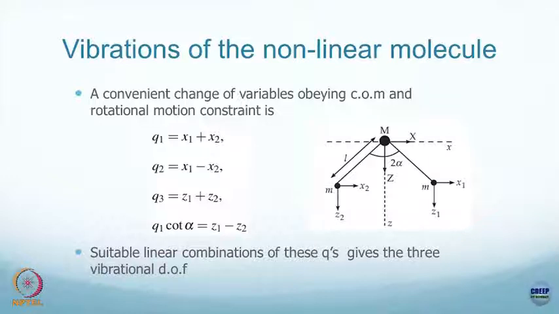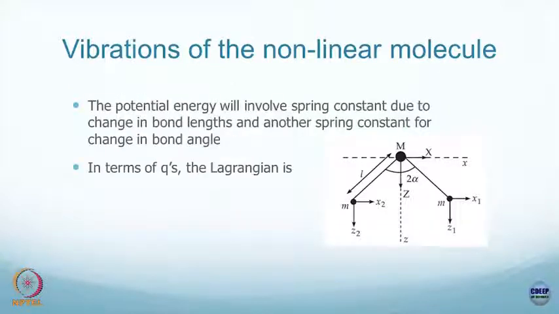So, the Lagrangian will have a potential energy due to vibrations which involves delta L1 squared, another vibration with delta L2 squared, and there could also be a vibrational mode due to delta of the angle change. Okay. So, you will have those terms added into it.